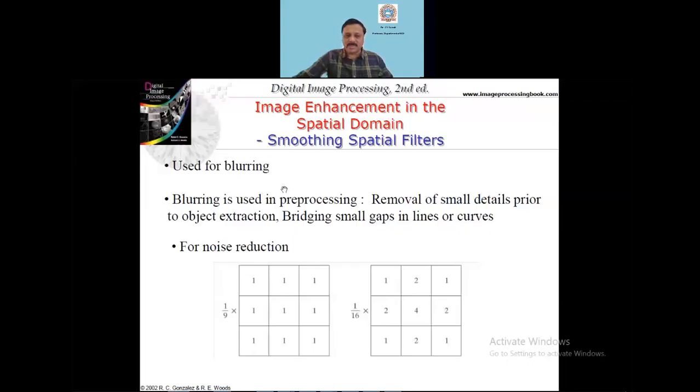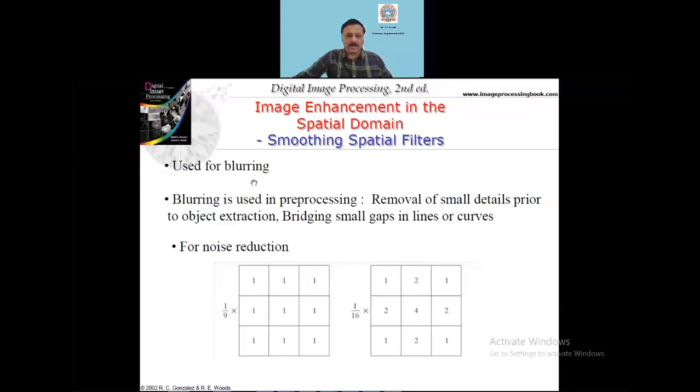Now this blurring is required. Those of you who have completed the course on image processing using MATLAB and also the on-ramp course know this is one of the pre-processing techniques used when we are doing segmentation. For example, if you have some small artifacts in the image, before we do segmentation, we first smooth it with a filter so that these artifacts are removed and the segmentation gives you accurate results.